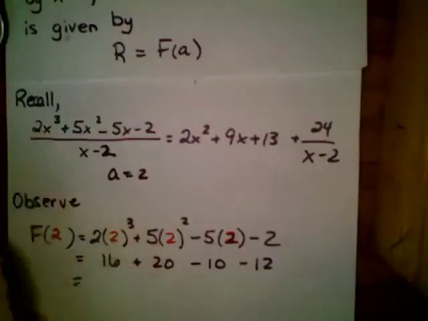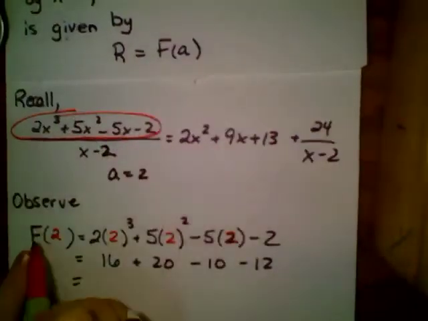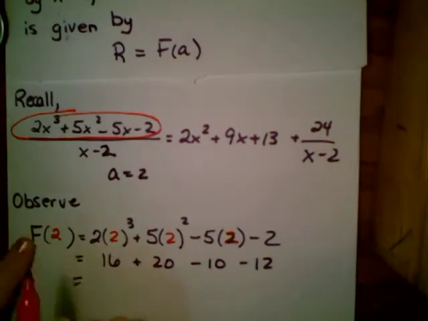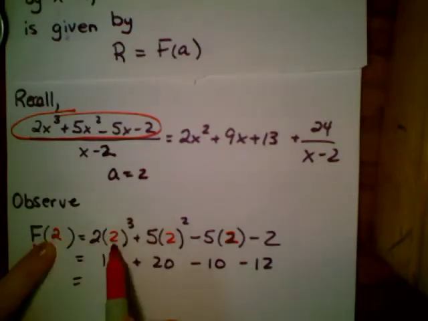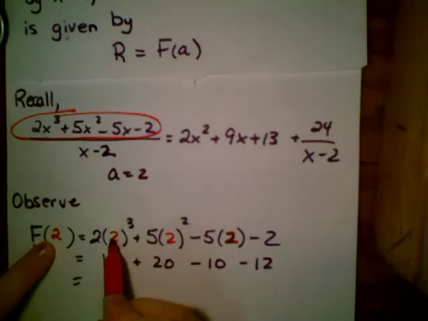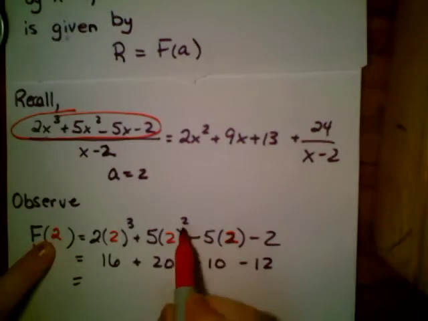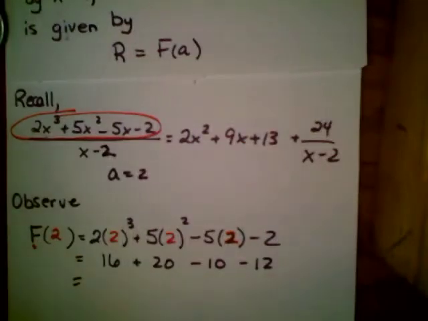Now if I took my original cubic polynomial f and evaluated at 2, I would need to substitute a 2 everywhere there's an x. 2 times 2 cubed plus 5 times 2 squared minus 5 times 2 minus 2.